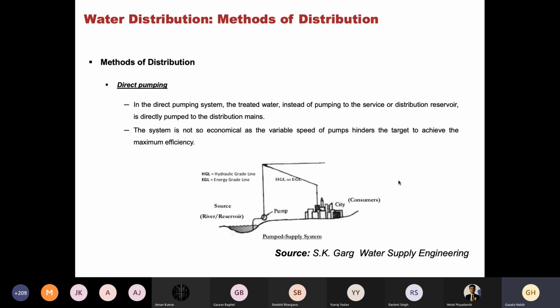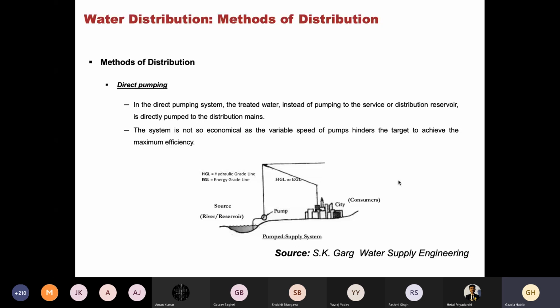In the direct pumping system, the treated water, instead of pumping to the service or distribution reservoir, is directly pumped to the distribution main. Distribution mains mean the distribution pipes, from where it is supplied to the home. So water is not pumped to the reservoir which is kept on the high altitude. Instead of that, it is pumped into the distribution system directly and reaches the home.